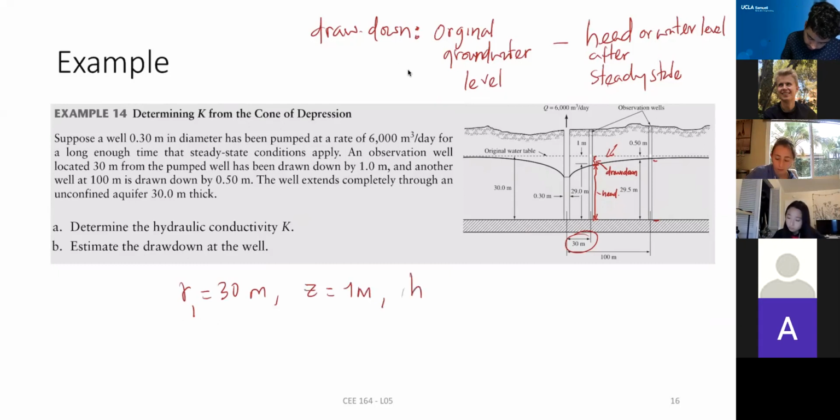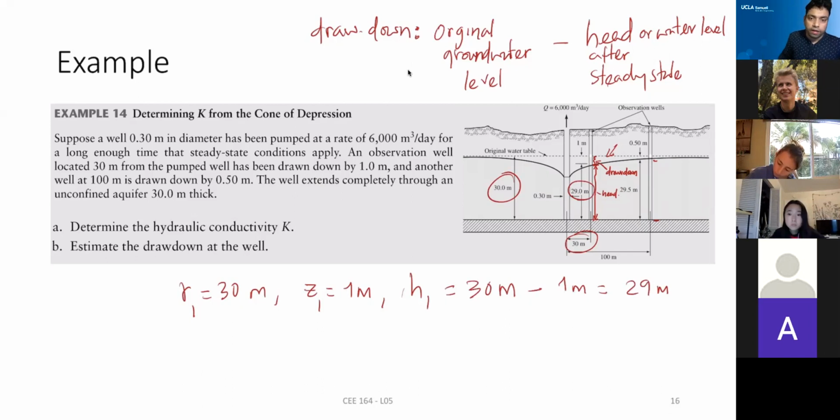That means head, which is what I'm writing, should be the original water table height, which is 30 meters. This is the 30 meters, original water table height. 30 meters minus 1 meter will be 29 meters. So that's written here.